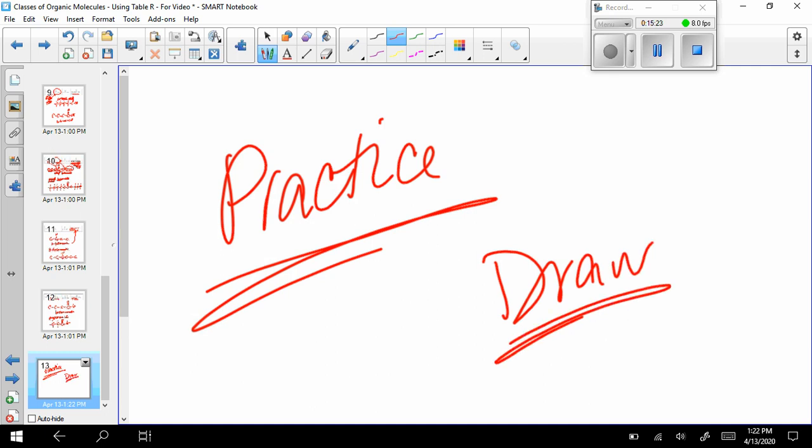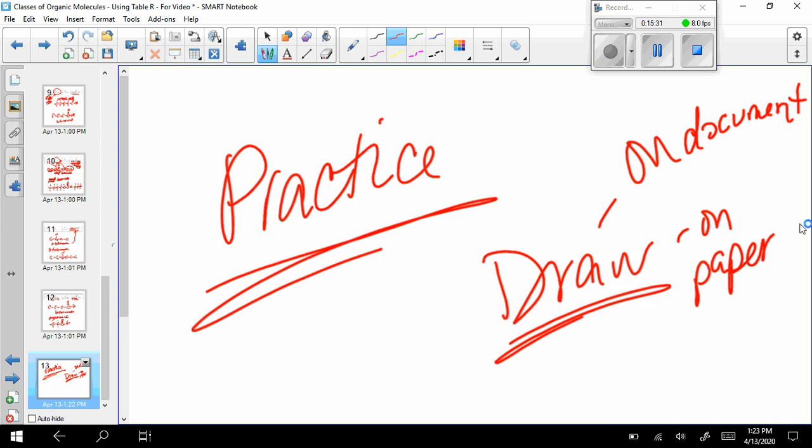And if you can't draw on the document, then draw it on paper. I'm not sure if you're able to print from home or not, but I don't care. Just take a regular paper, draw them, and send me the pictures of all of them. I want to make sure that you can draw and name and identify the class.